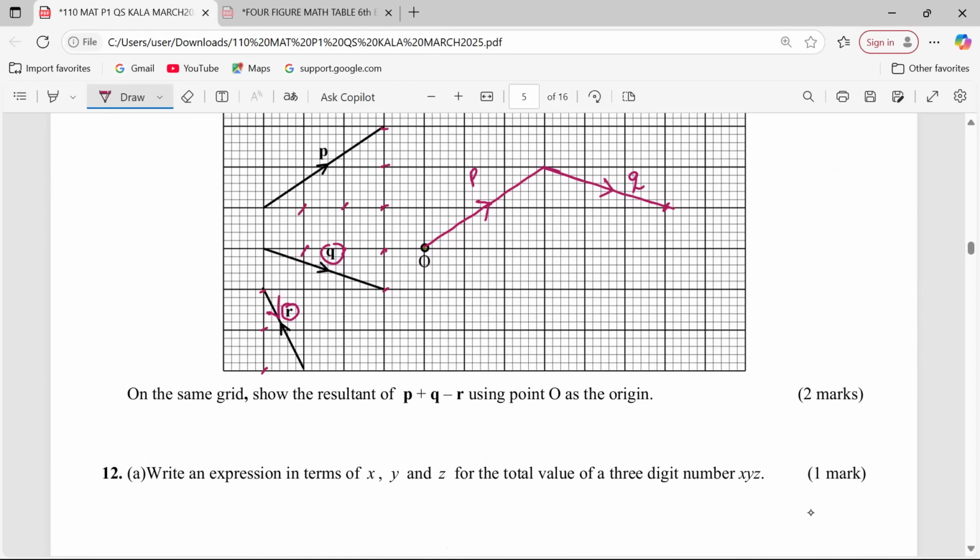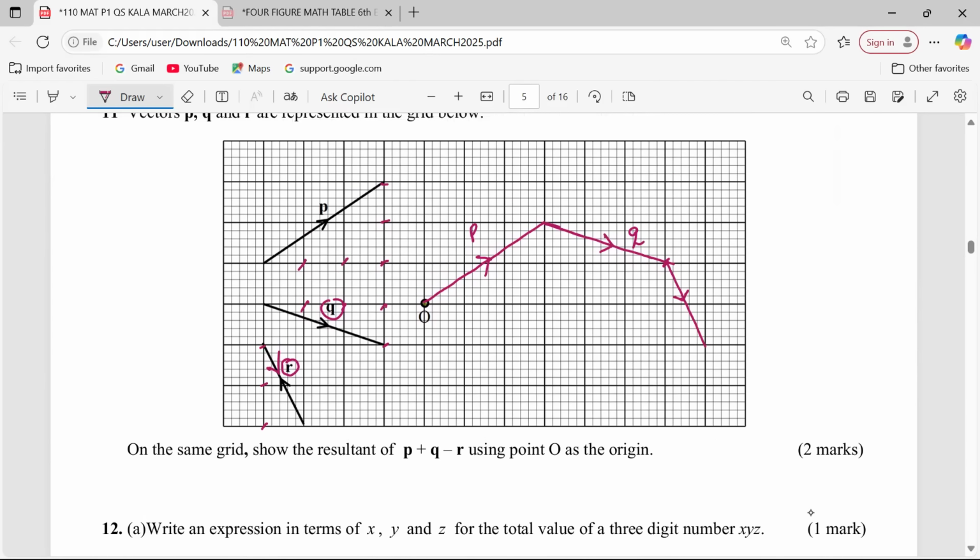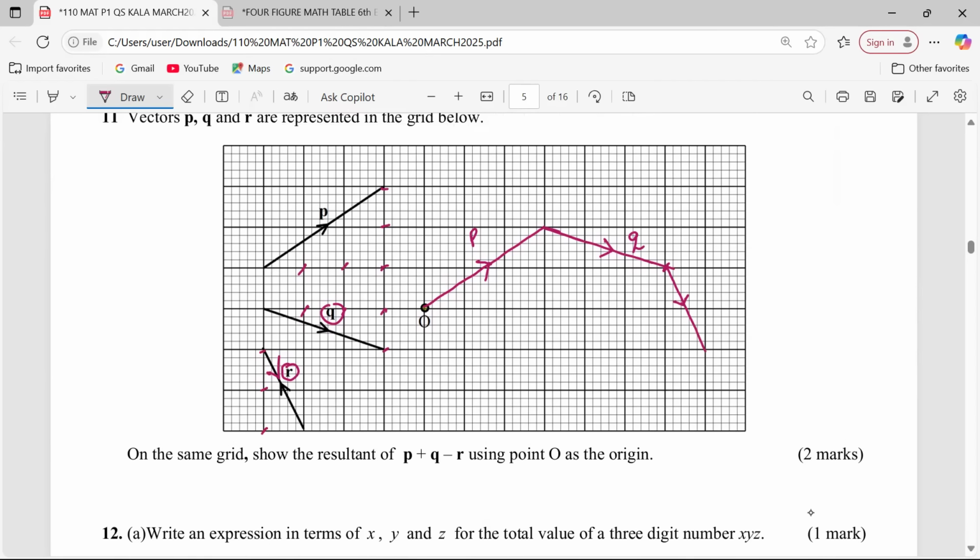This way. So R shall be brought here, but this way. Because we are moving in the opposite direction, we are subtracting R. If it was addition, we would have moved in the original direction. So that is where R is. That is vector R.